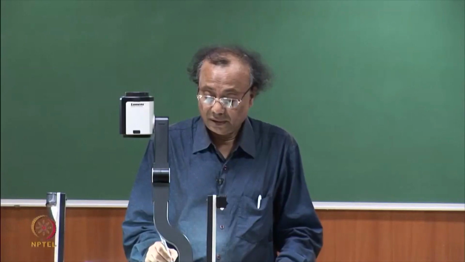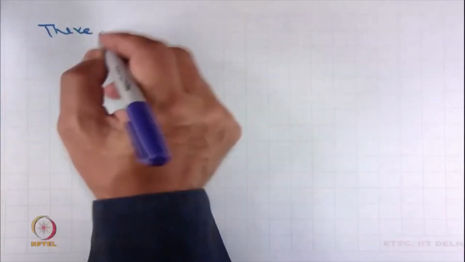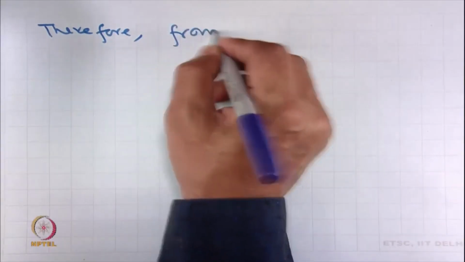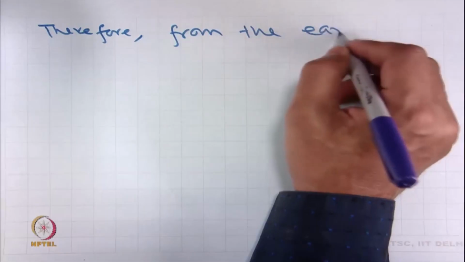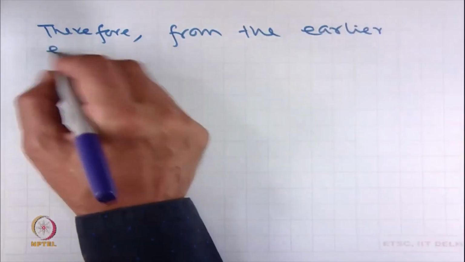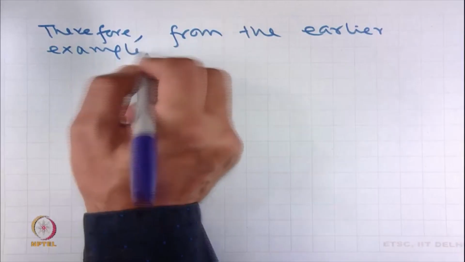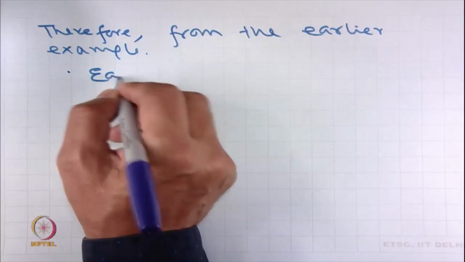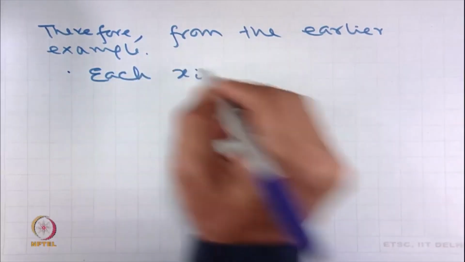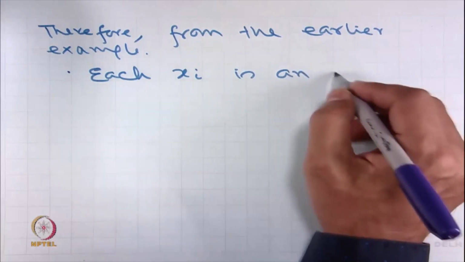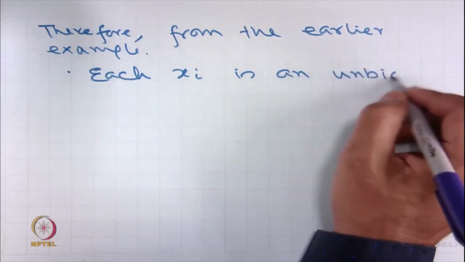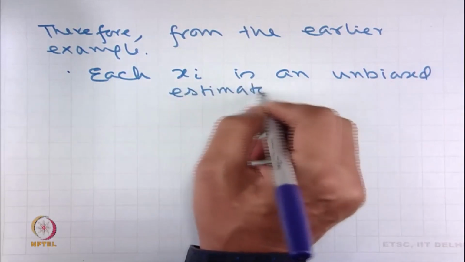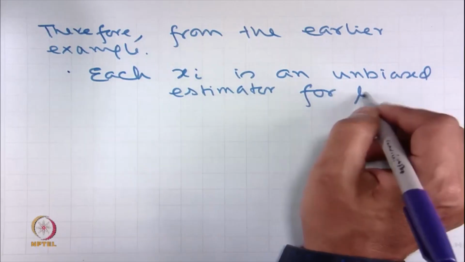Therefore, from my earlier example, each x i is an unbiased estimator for mu.